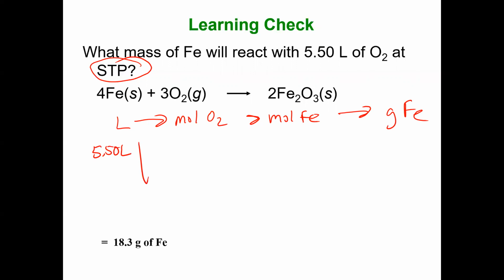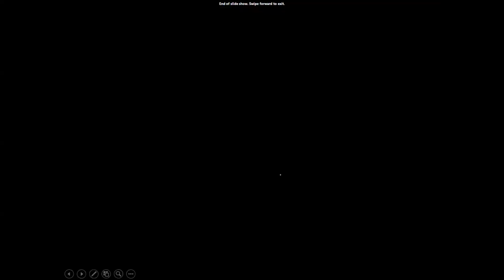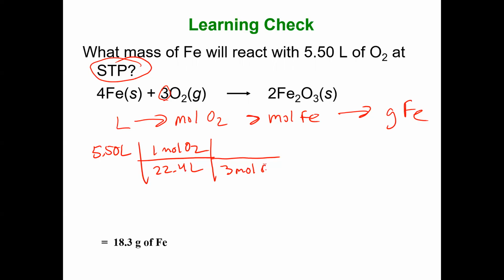5.50 liters. There's 22.4 liters of O2 per mole of O2 gas. And then my mole ratio, 3 moles of O2 per 4 moles of iron.